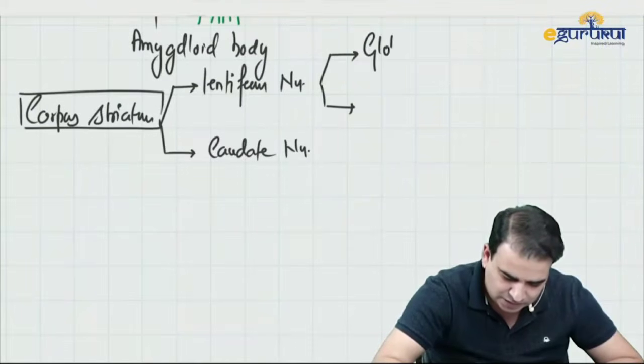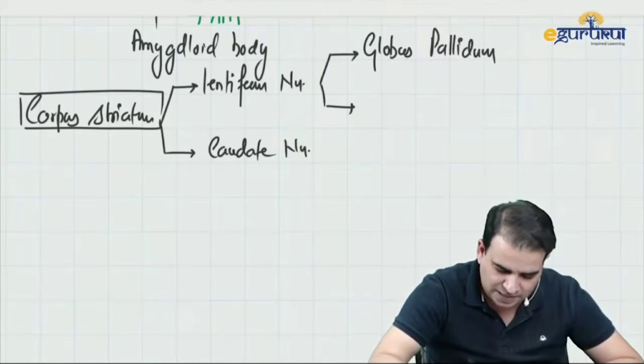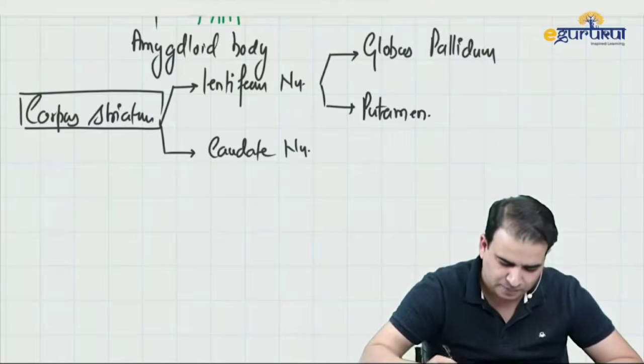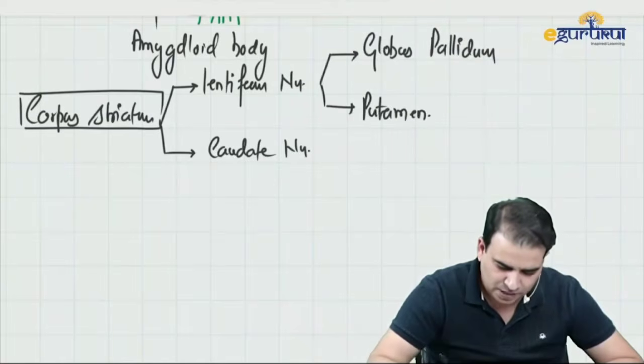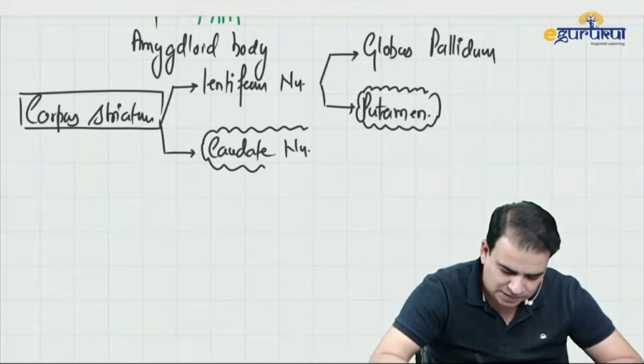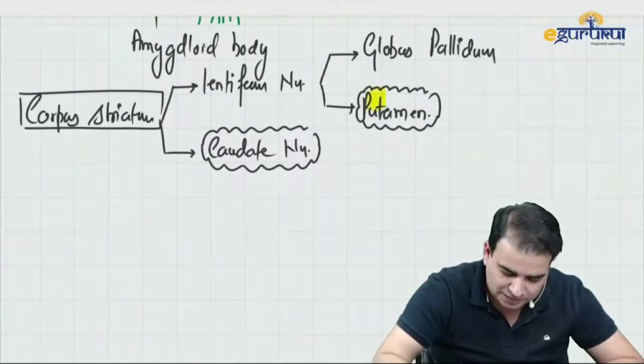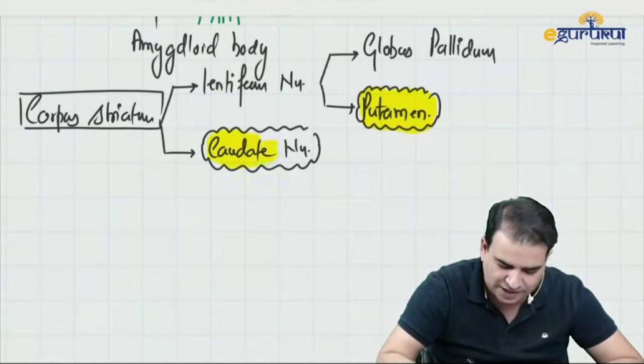So guys, let us say this is the globus pallidum, which is present medially, and laterally we have this larger part, that is the putamen. The putamen and the caudate nucleus are the ones actually connected by those fibers I was talking about, and that is called the striatum or the neostriatum.